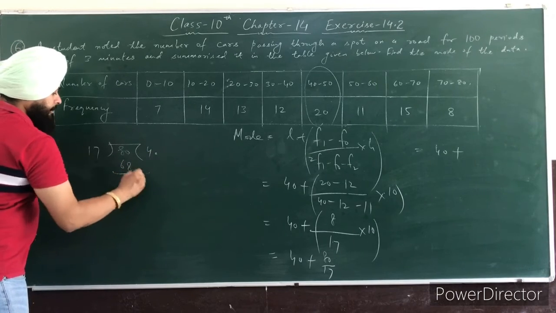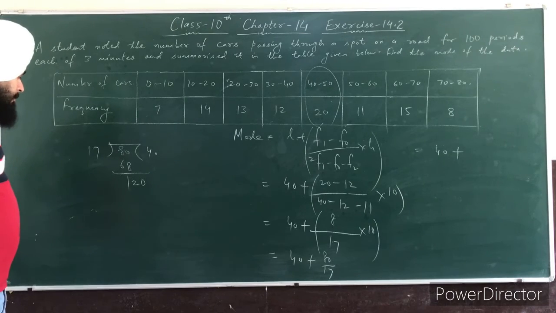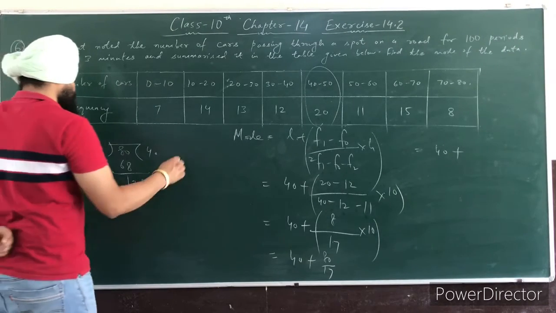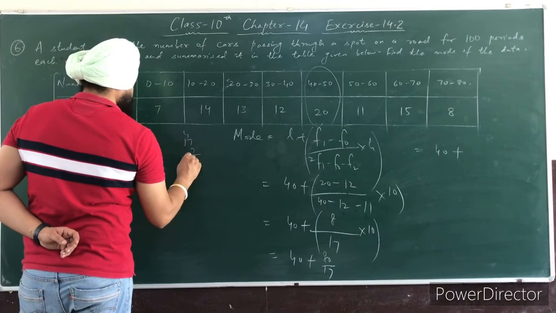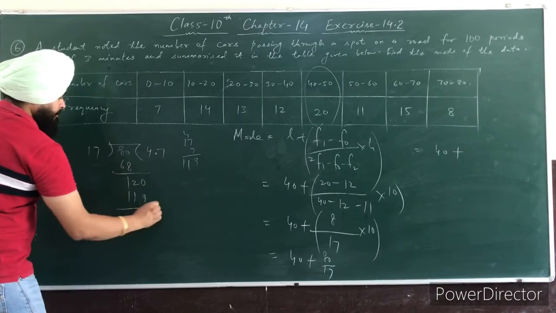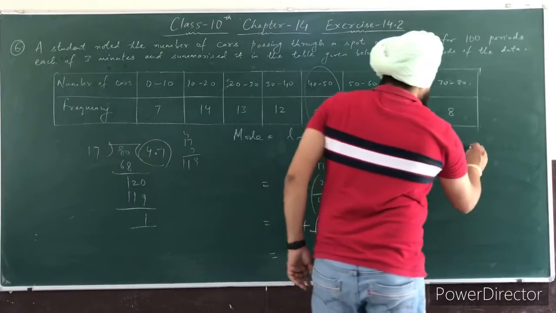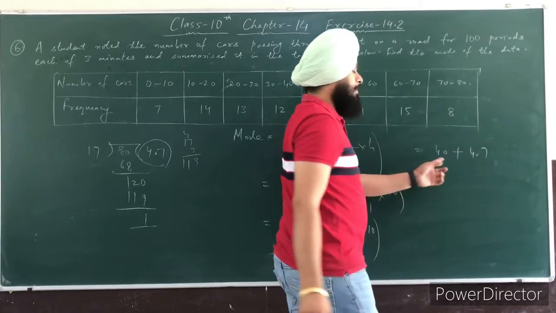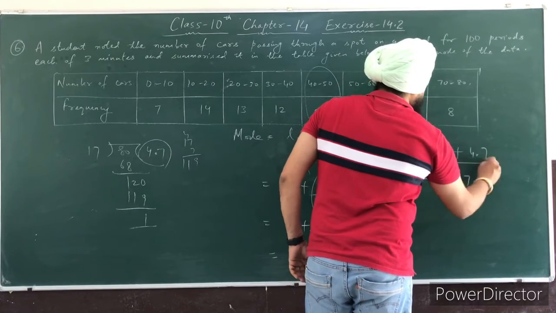So we have point 0. Now 17 7s, 190. So write approximately 4.7. So 40 plus 4.7 is 42.7 cars.